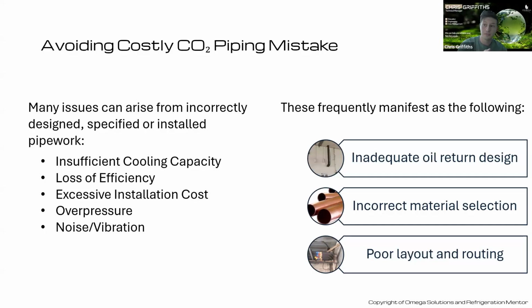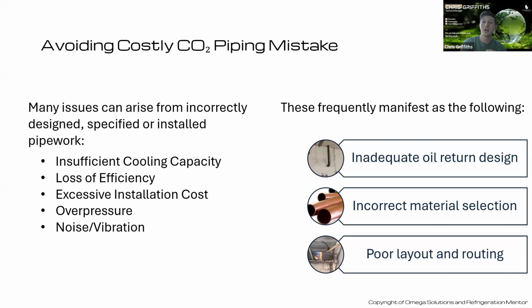Regarding materials, particularly with CO2, this is even more of a risk than it's ever been before, but overpressure as well. We need to make sure our pipework is actually fit for purpose and can accommodate the pressures we're working with. For those who aren't too familiar with CO2, but are familiar with other refrigerants, for example 404A, for a chiller system you tend to have a suction pressure of about 3 bar, about 45, 50 psi, and a discharge pressure of about 20 bar at most.